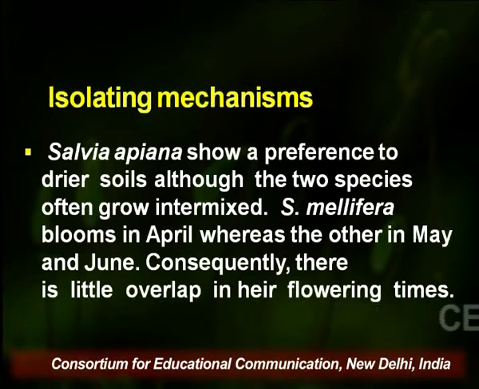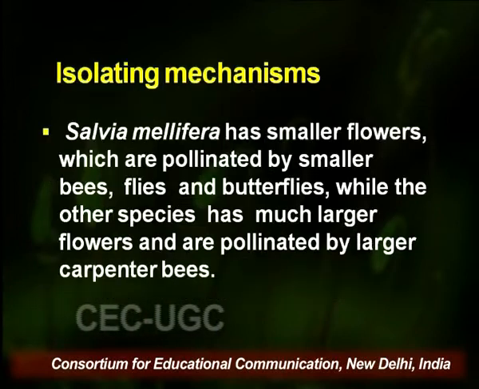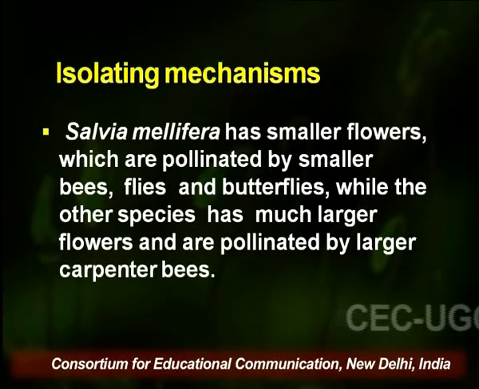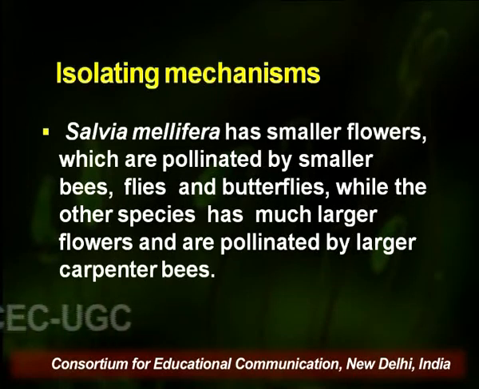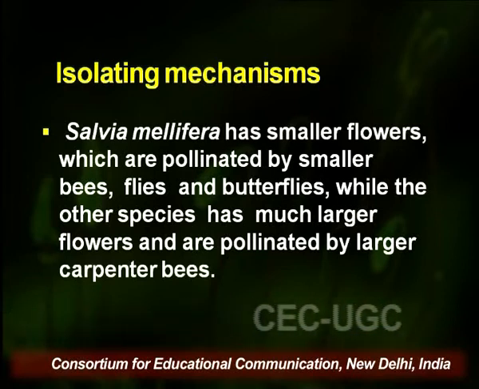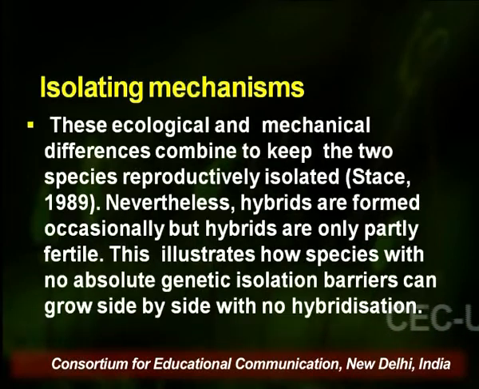So consequently, there is little overlap in their flowering times. Salvia mellifera has smaller flowers which are pollinated by smaller bees, flies, butterflies, etc., while the other species has much larger flowers and is pollinated by larger carpenter bees.